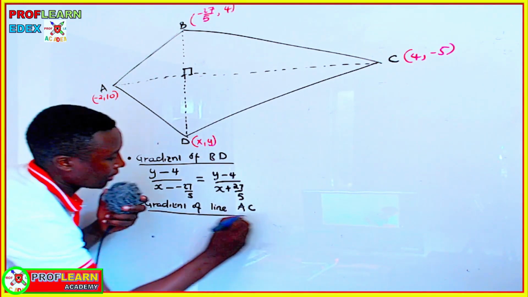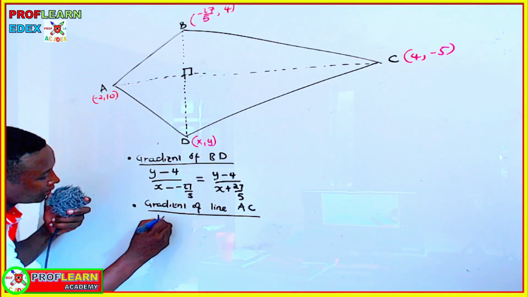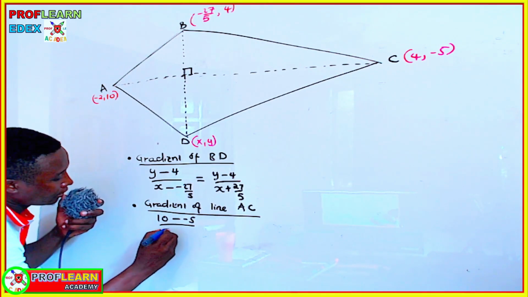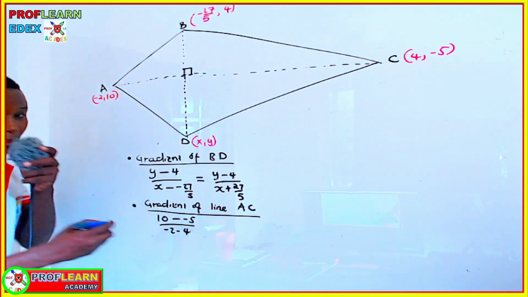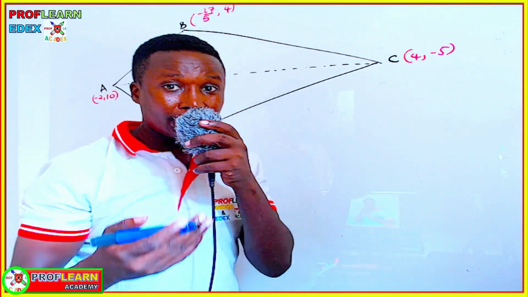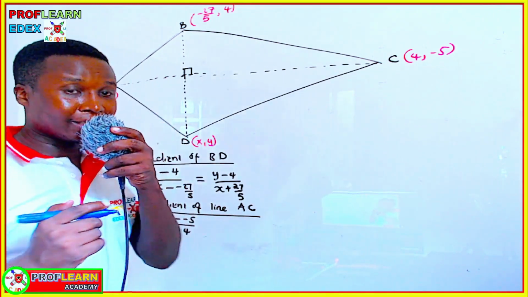The gradient of that line is going to be 10 minus negative 5 over negative 2 minus 4, because gradient is y2 minus y1 over x2 minus x1.